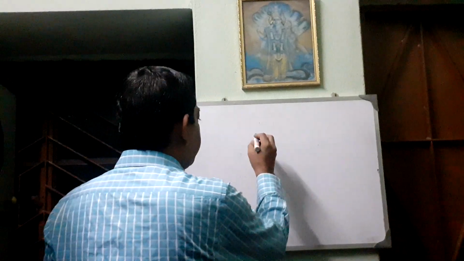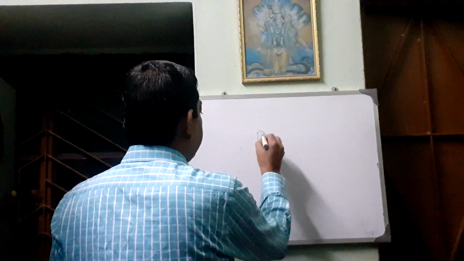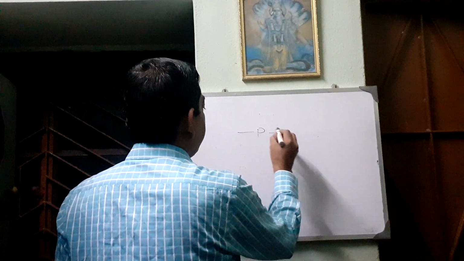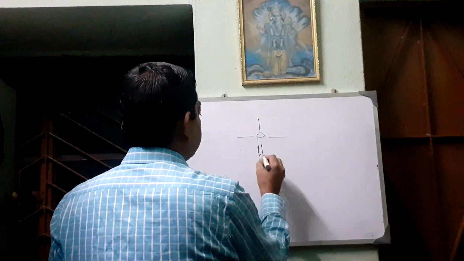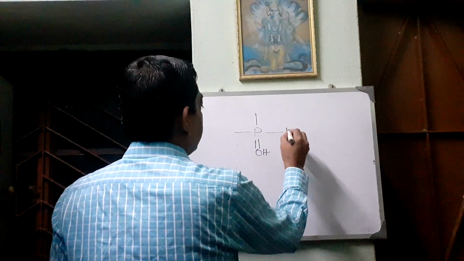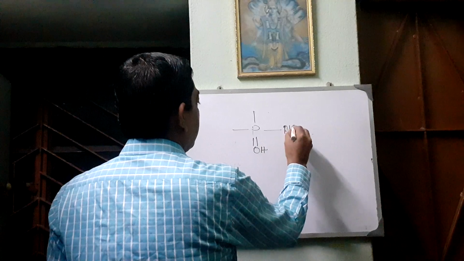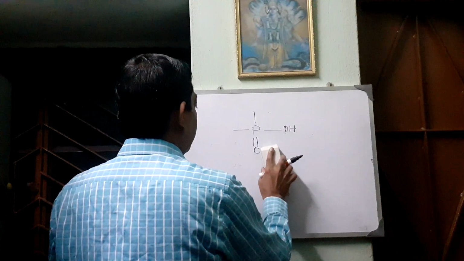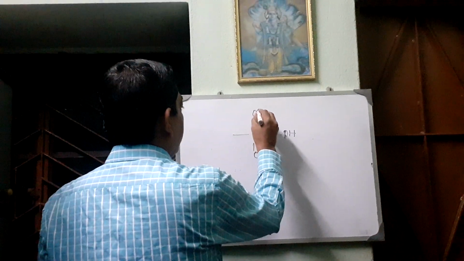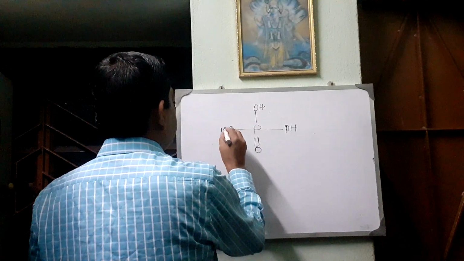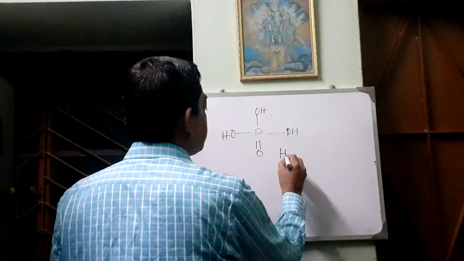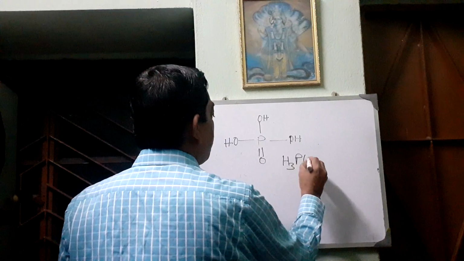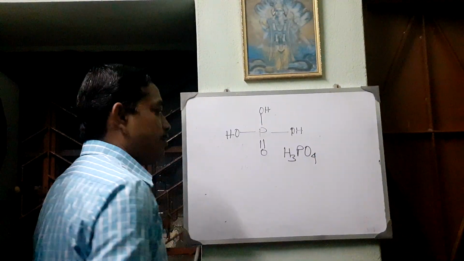Now we show the phosphoric acid structure, how it looks. This is the structure of phosphoric acid, H3PO4. It is another component of DNA, deoxyribonucleic acid.